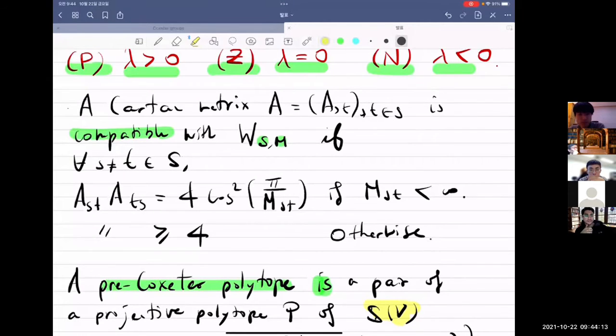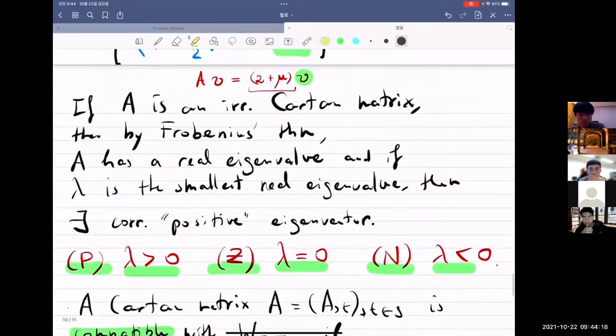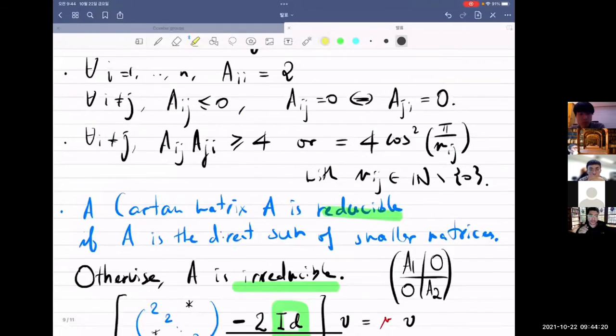So you will see that Cartan matrix, so previously here, okay? Aij Aji should be bigger than or equal to 4 times cosine squared pi over mij.